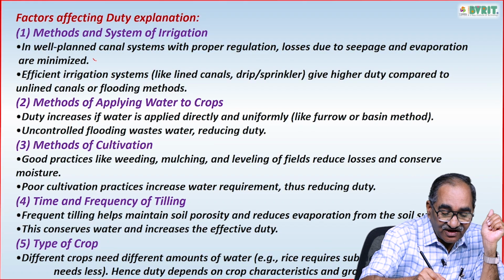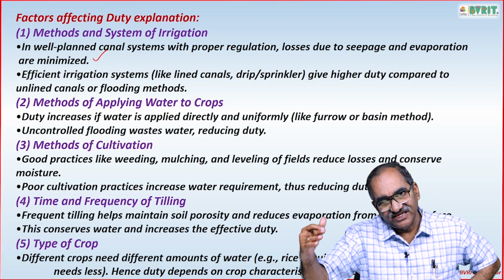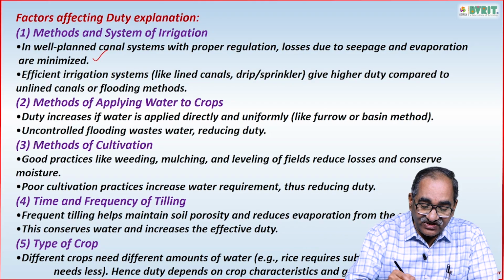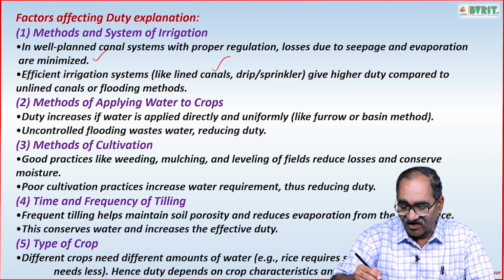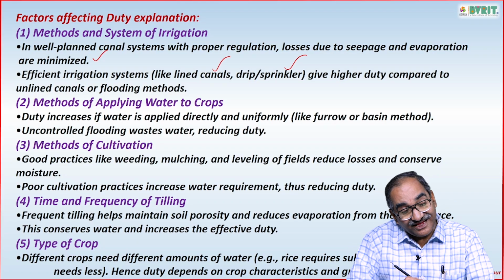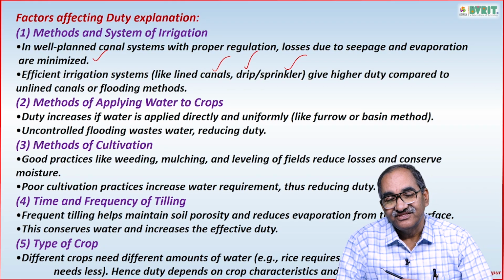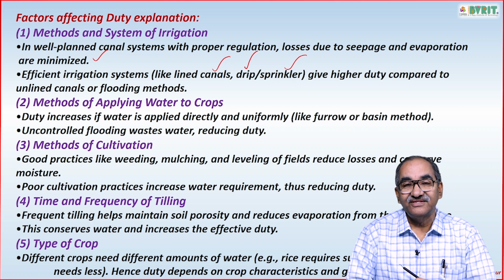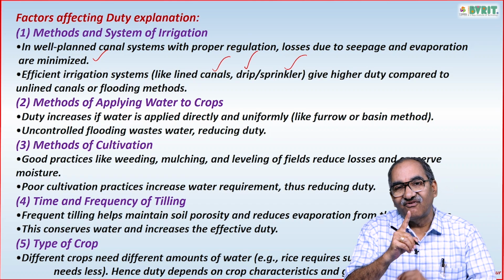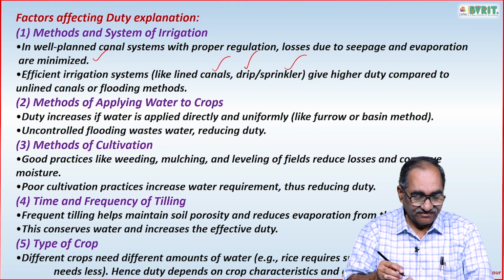Once these losses are reduced, automatically the duty is increased. With efficient irrigation systems, for example, a lined canal, sprinkler irrigation or drip irrigation, naturally the duty can be increased. When I say duty can be increased, it means with 1 cubic of water you can irrigate more area of land.